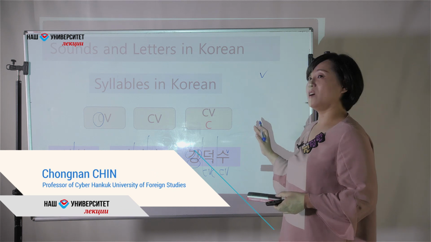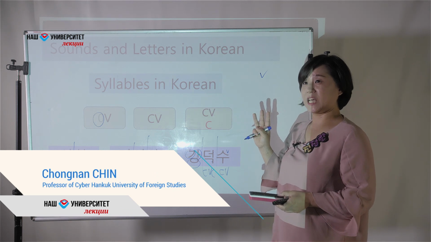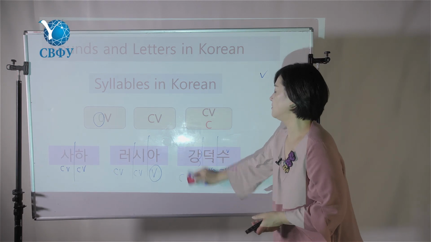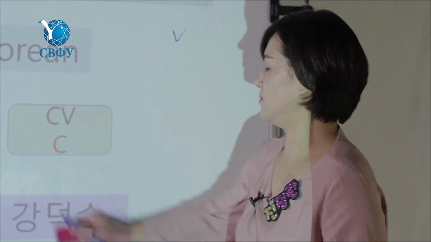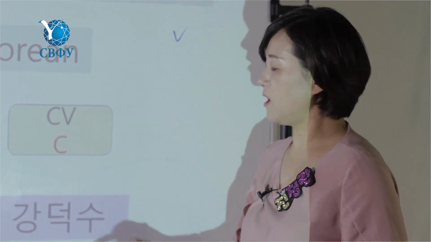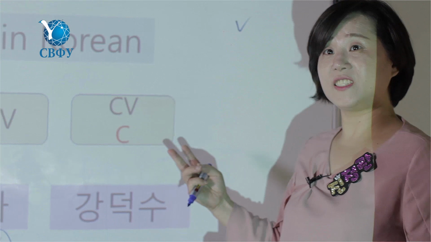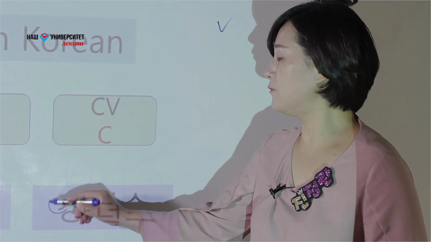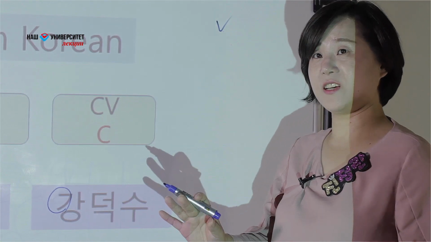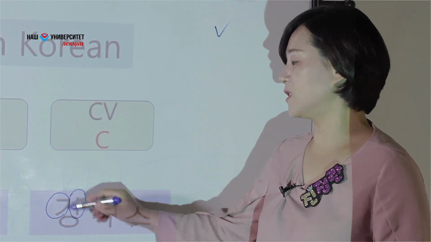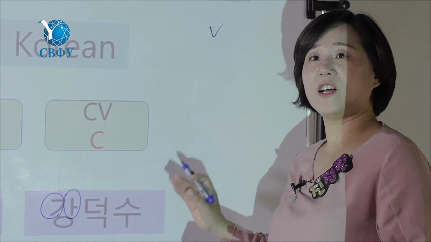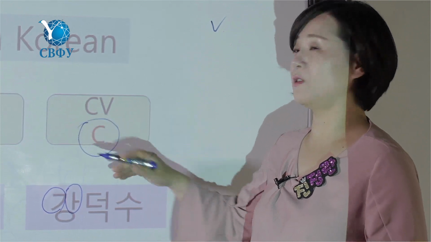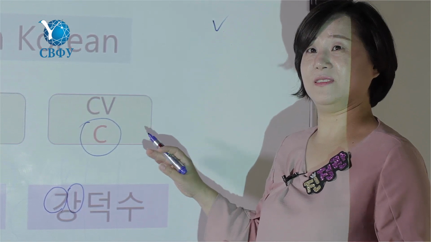Then what if there are three letters in one syllable, like 강덕? When there are two consonants in one syllable, we put the first consonant at the left, the vowel comes next to the first consonant, and the final consonant comes at the bottom of the syllable.